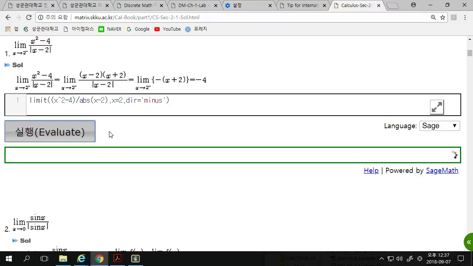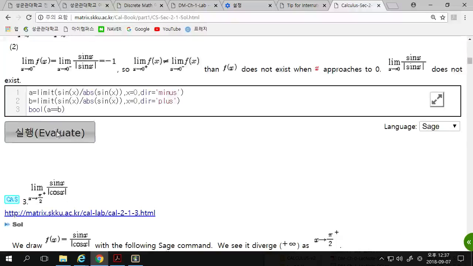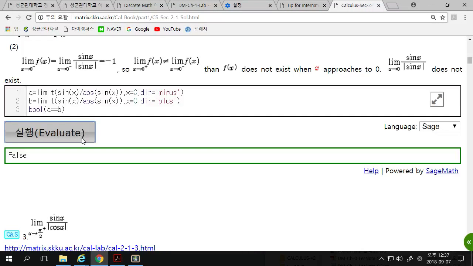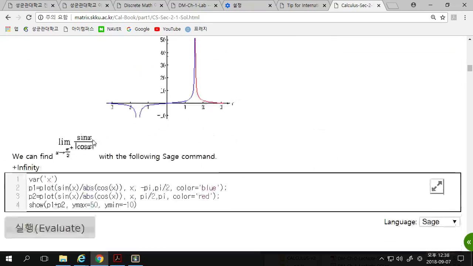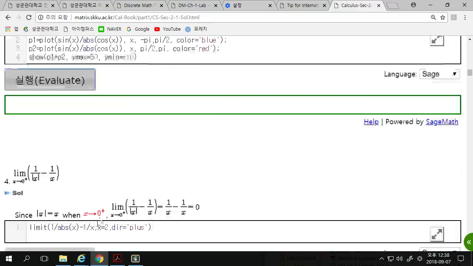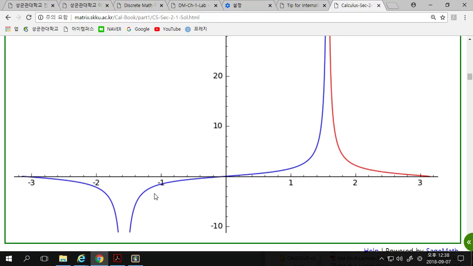You must know how to find the limit of given functions, and find the left limit and right limit. And if they are not the same, then it does not converge.